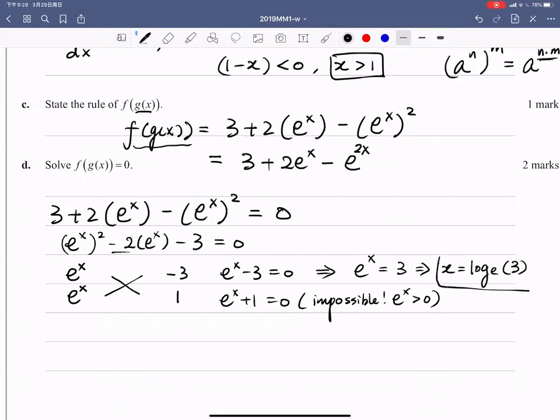All right, that's the only solution. Okay? So don't forget to restate your solution. The solution is x equals log e of 3 only.